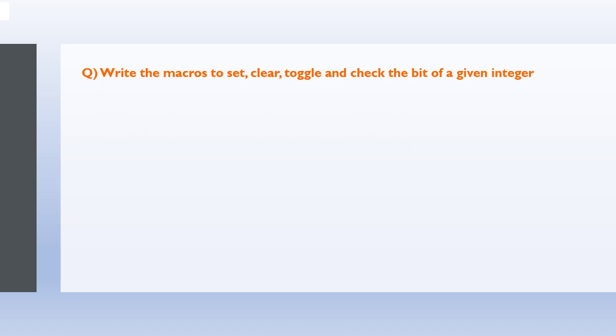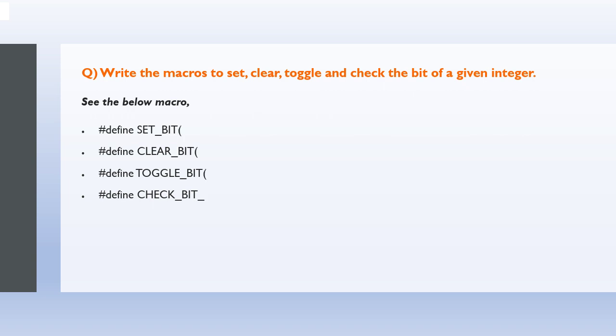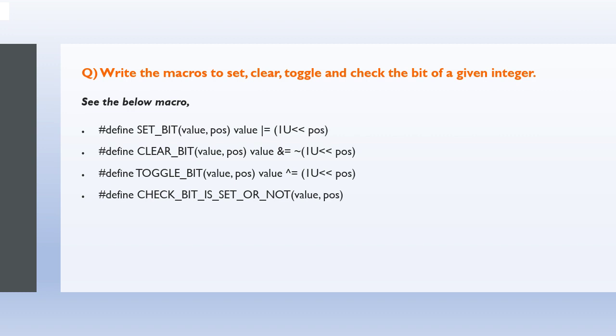You can remember these macros which we already discussed in our embedded C FAQs, but anyway, we'll once again see. #define SET_BIT(value, position) value |= 1u << position, CLEAR_BIT(value, position) value &= ~(1 << position). TOGGLE_BIT is value ^= 1 << position, right? #define to check whether a bit is set or not: CHECK_BIT(value, position) value & (1u << position).